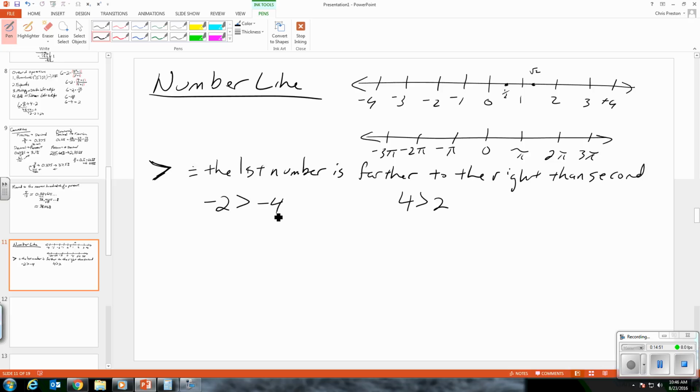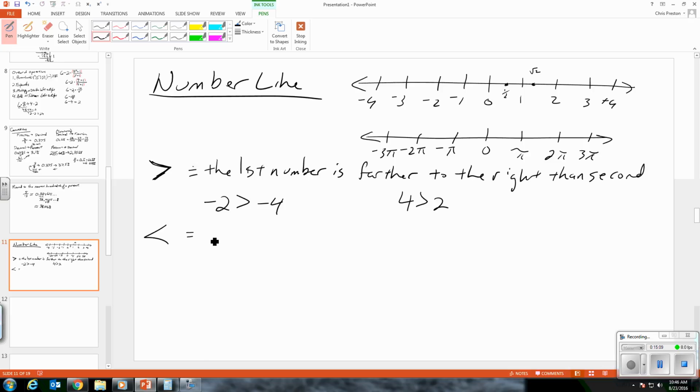So if I owe $4, I'm actually worse off than if I owe just $2. And this kind of idea with these negatives trips people up sometimes. So be careful when you're looking at the negatives. The greater one is the one closer to 0 because that's the one farther to the right.